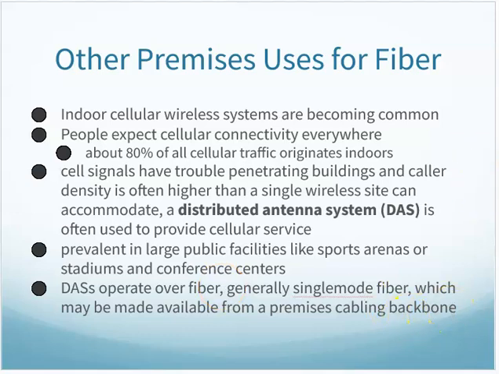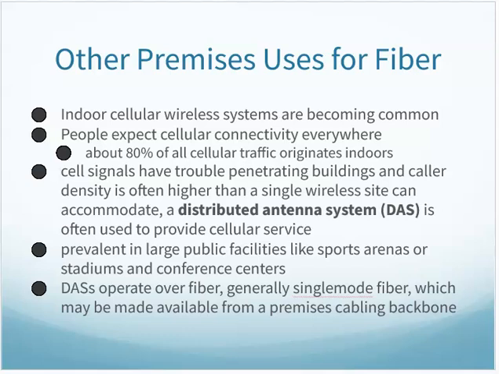They remind us about a distributed antenna system. We'll talk about that a little bit later in the chapter. I have some more pictures and examples there. But if we look at statistics, a lot of our cell phone calls are originated inside of a building.